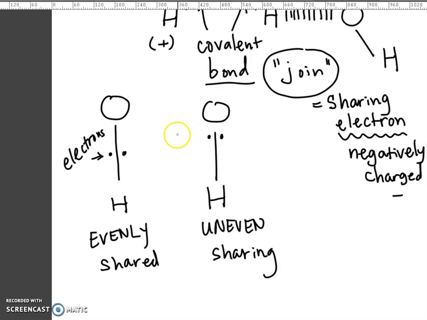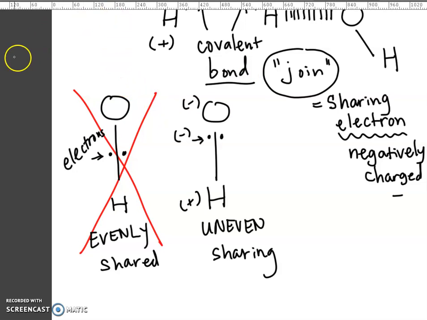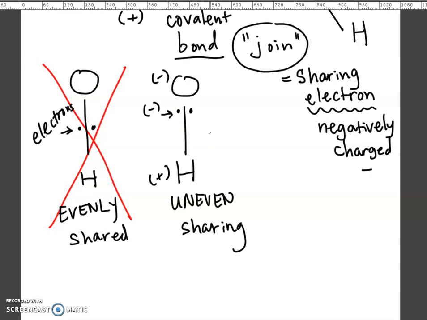Because electrons are negative, having them closer to oxygen means oxygen is now going to be negative. And because your hydrogens are away from your electrons, they're going to be slightly positive. In water, they are not equally shared. In other molecules, they may be equally shared, but in water, they are not.